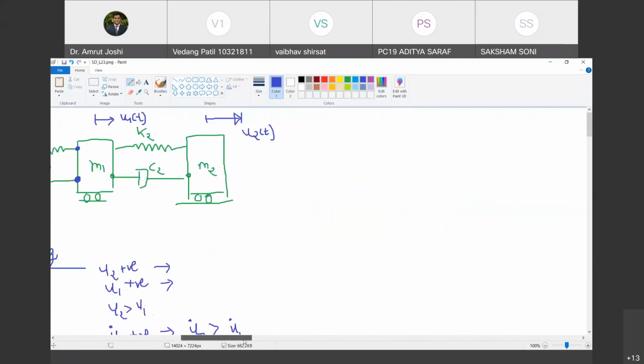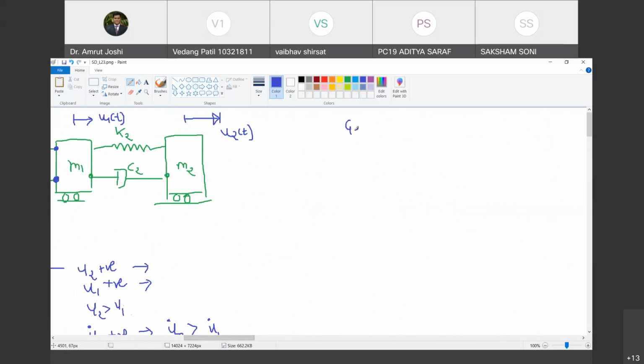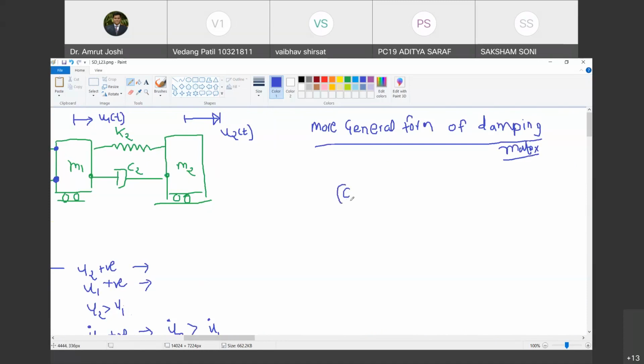Let me explain how. The more general form of the damping matrix: suppose I write C is equal to alpha times M plus beta times K.